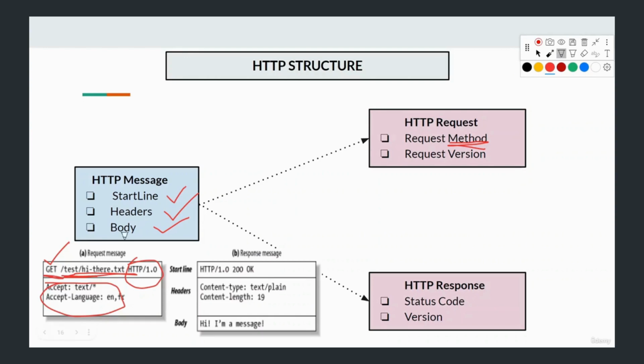And in the HTTP response, we will have status code 200, and this is the message OK. That means we have got back a success response, and this is again the HTTP version, which is 1.1, and these are the headers.